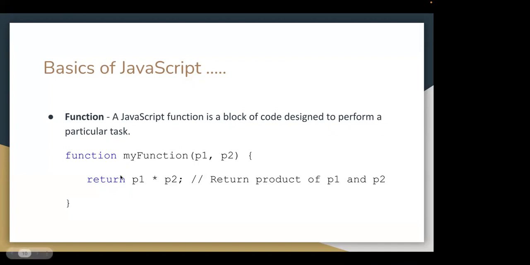Here I'm returning a new value with the multiplication of p1 and p2. So my function is equal to multiplication, because it takes two arguments, p1 and p2, multiplies them, and returns the result wherever the function is called.